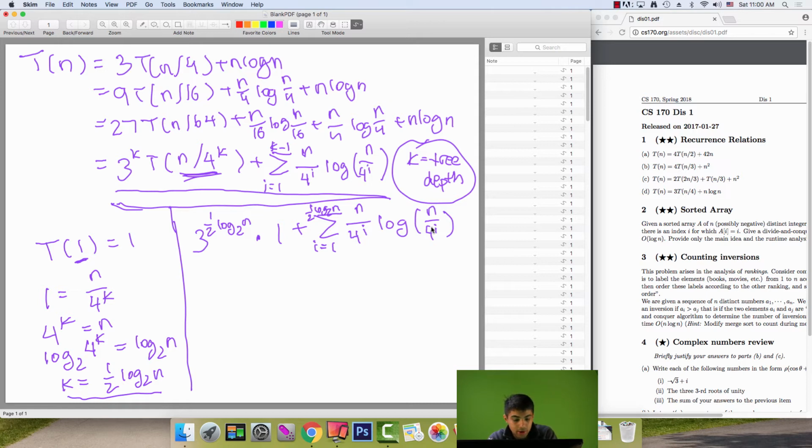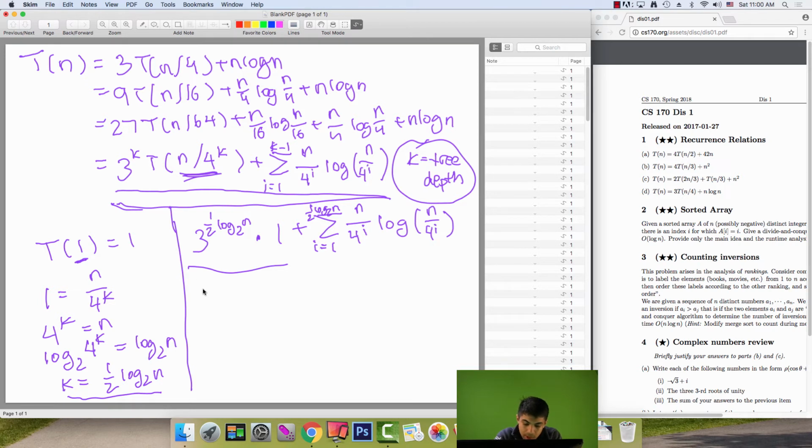Okay, so now we have an expression for T(n) that's expressed without any recursive calls and purely in terms of a function of n. So all we have to do now is find a theta bound on this. So let's first consider the first term.